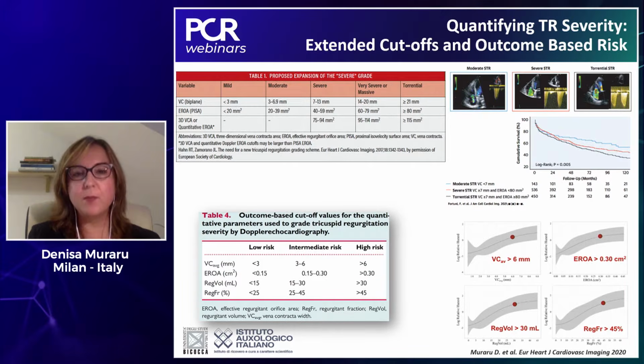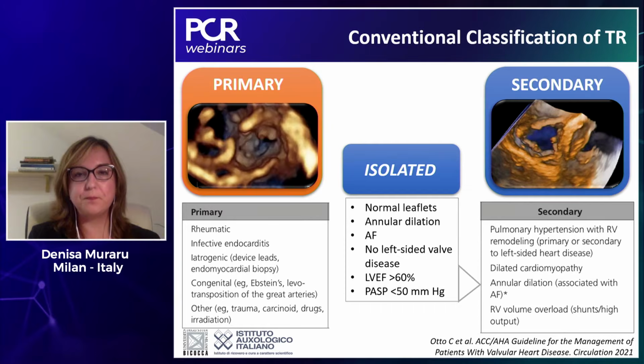And most importantly, rather than grading, it is important to provide the measurements, because the absolute numbers are much more important than cutoff to define the severity. We know that the risk increases continuously, and the outcome worsens even with moderate TR, and this is really established. So the outcome is not necessarily synonymous with severe TR, and we should provide measurements.